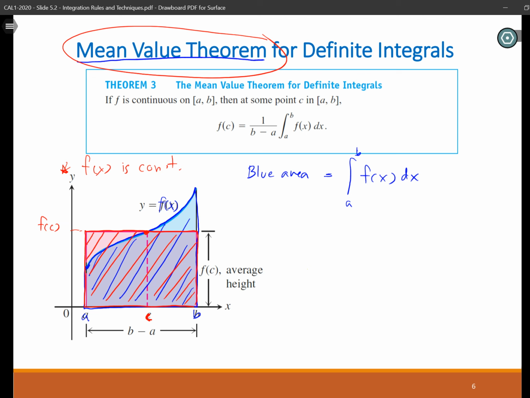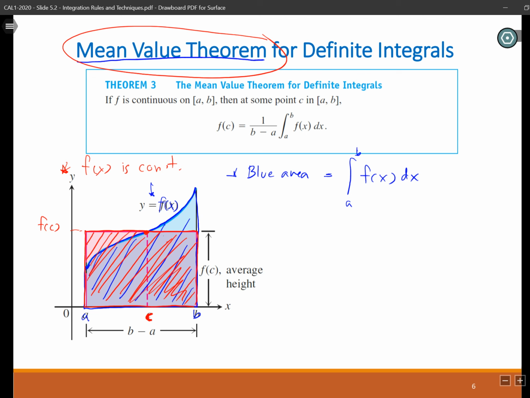If you have a continuous function f(x), and you are interested in the area under that graph from A to B, the blue area here, it's always possible to find a specific point c between A and B such that you can create this red rectangle which has the same area as the blue.